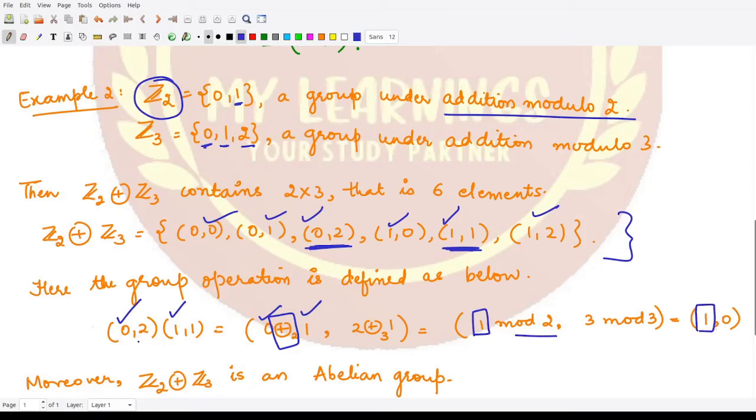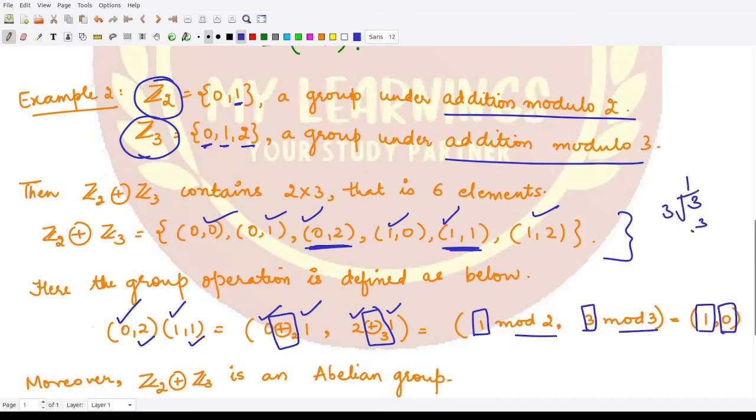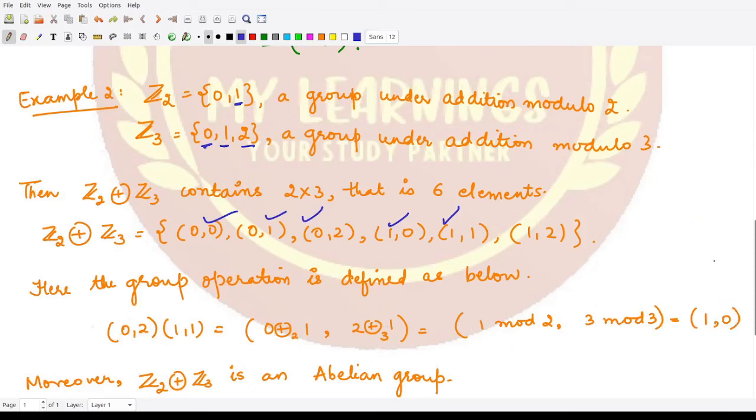For the second elements, 2 and 1, we use the group operation of the second group, Z3, which is addition modulo 3. We add 2 plus 1, which is 3, and then take mod 3. 3 mod 3 is obviously 0, since when you divide 3 by 3 the remainder is 0. This is how you perform the computation in this case.